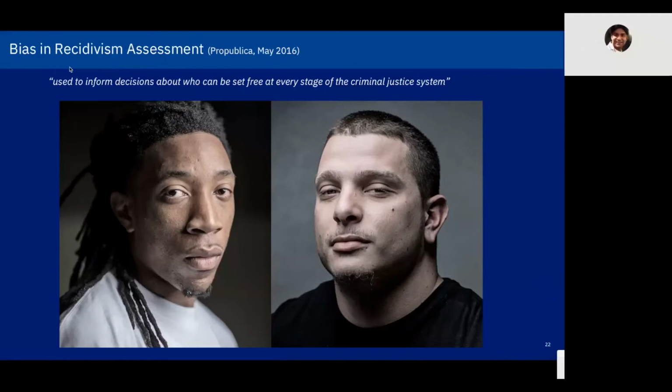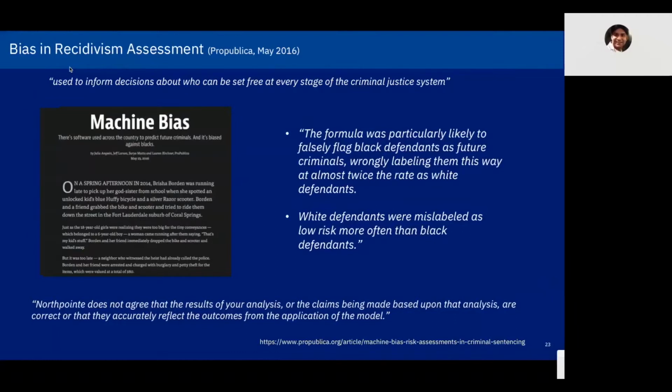It was used to inform judges about who can be set free or who should be given further punishment. Now, if you look at what the software was doing, it was giving very biased results. In a lot of cases, white defendants were mislabeled as low risk as compared to black defendants.